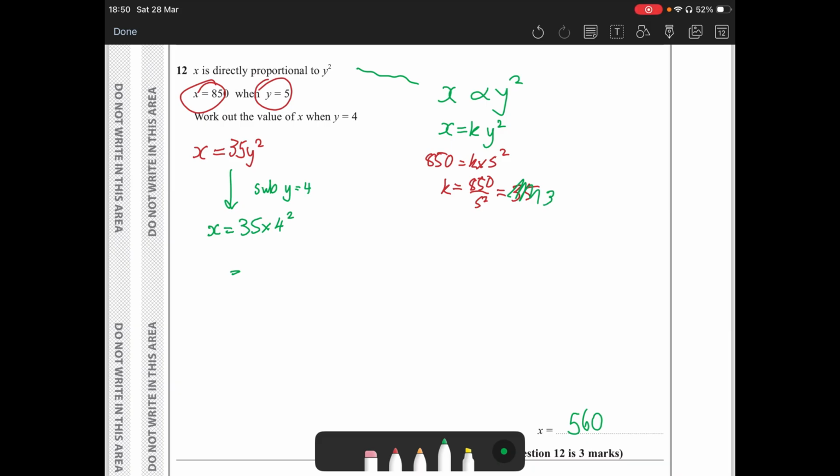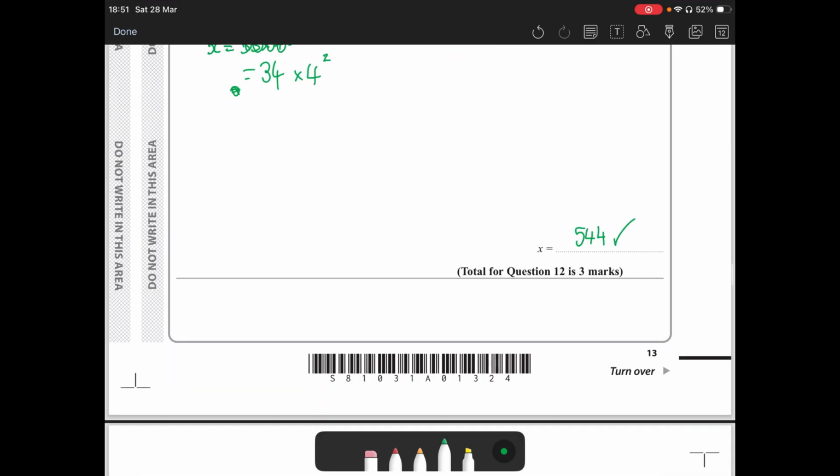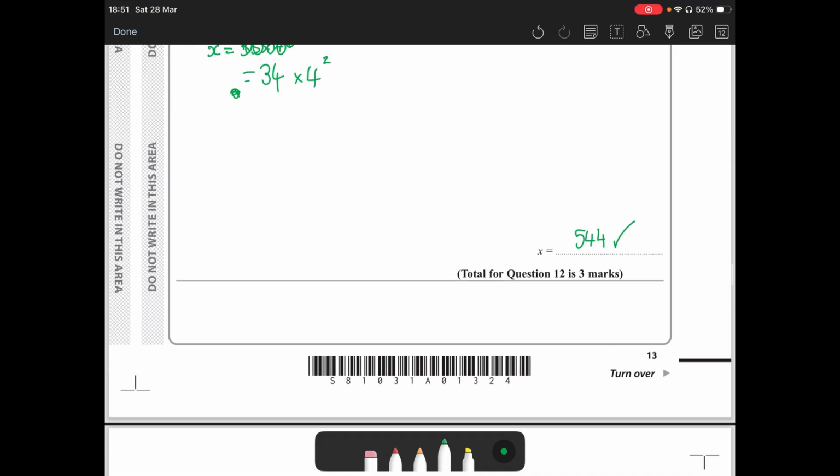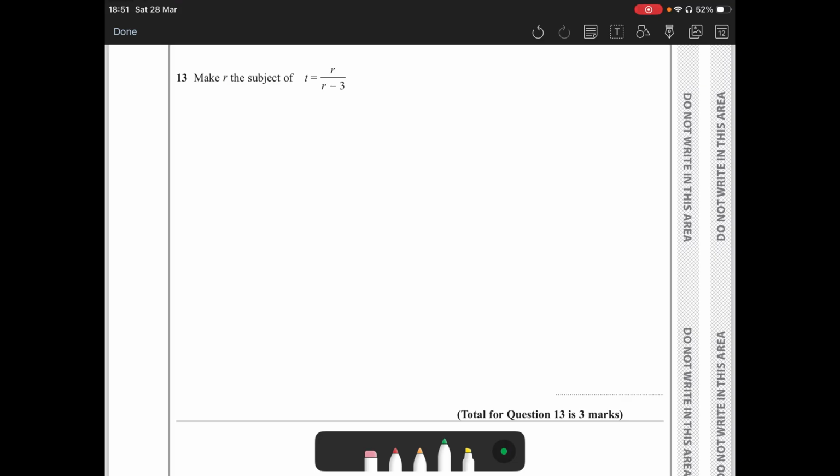What on earth is going on there? I'm having a nightmare. 34. I can't believe this. 544. Good stuff. I don't know what's going on with me there. Why did I write 35? Interesting. Anyway, we move on. So I would have lost probably 2 marks so far, maybe 3.